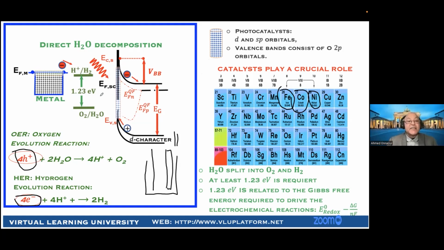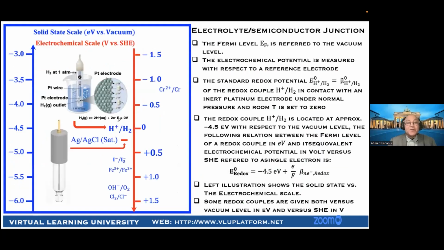I just want to show you that whatever you want to do, when you want to produce hydrogen, you need a catalyst. Either your material is a semiconductor with both semiconductor properties and catalytic properties, or you have to add a catalyst at the interface. So this is just to remind you.